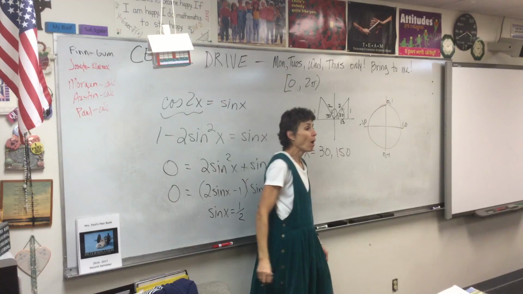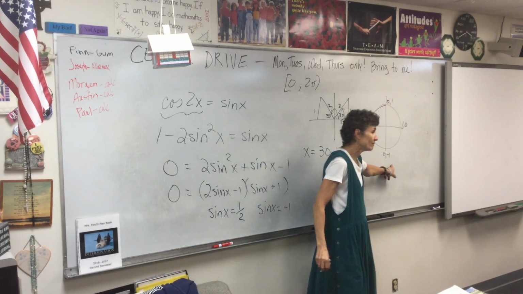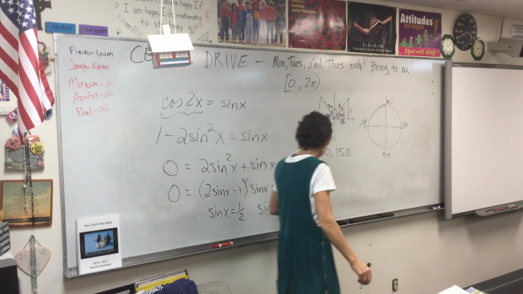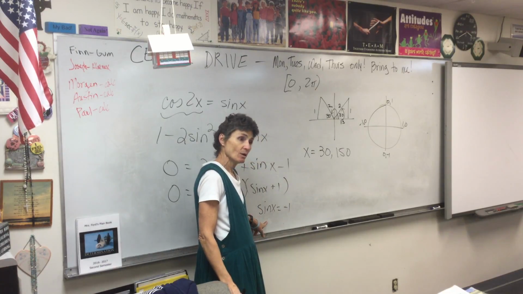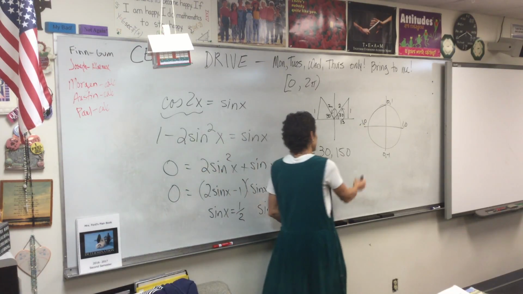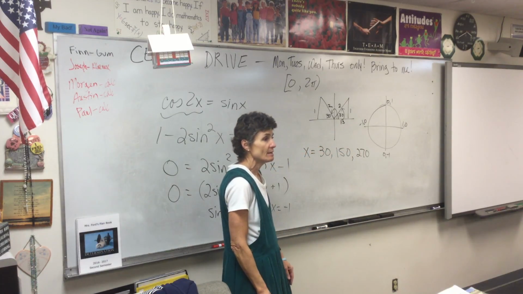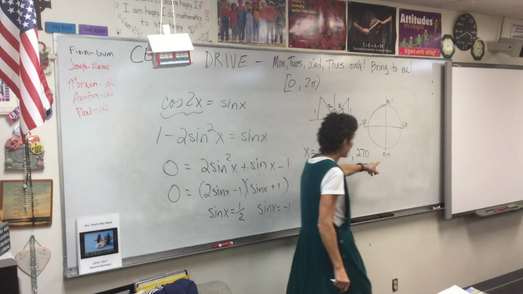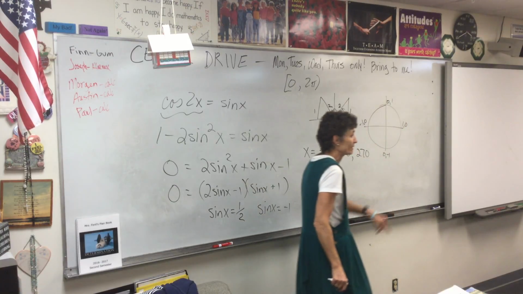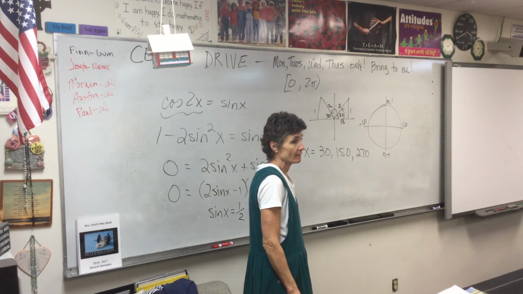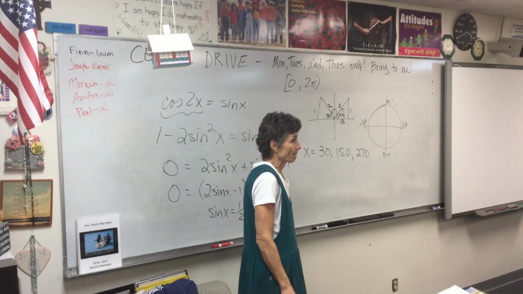That's where y is -1 and sine is y. So the other answer to the problem is 270. Y over r is -1 down at 270.